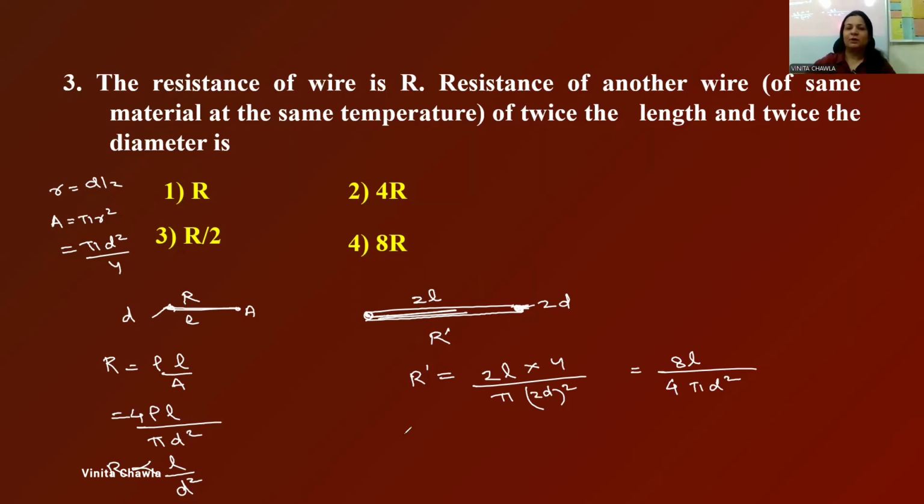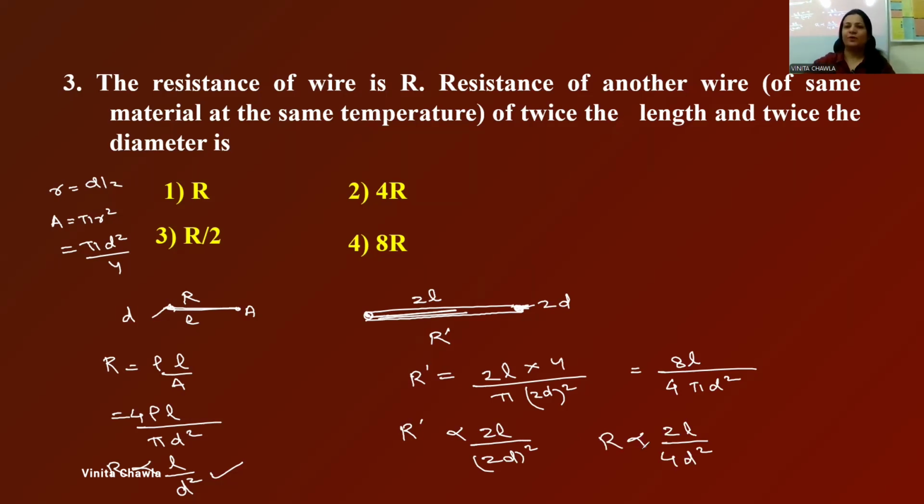Second ये कर सकते हो कि you can write R dash proportional to, as we have this L upon d square here, in the same way we can write 2L upon 2d whole square. So R dash is proportional to 2L upon 4d square.